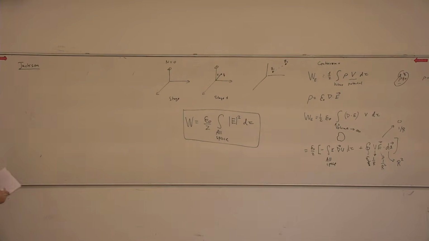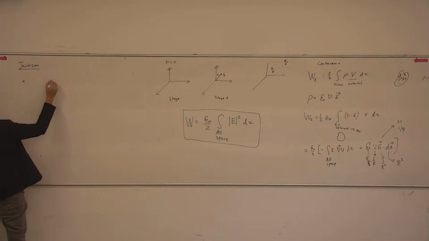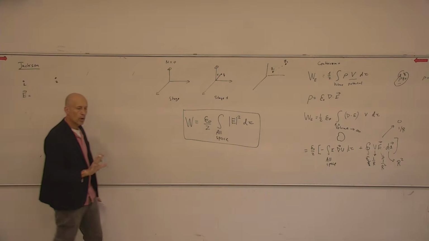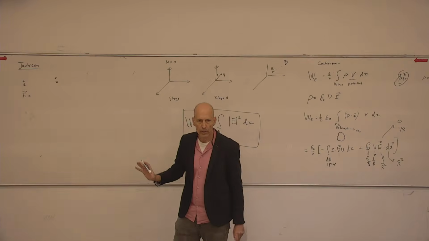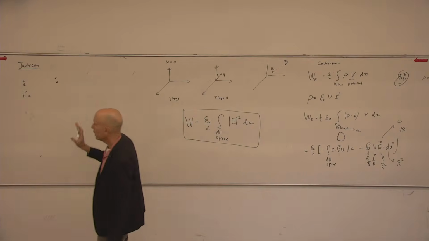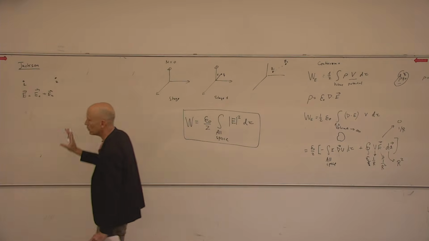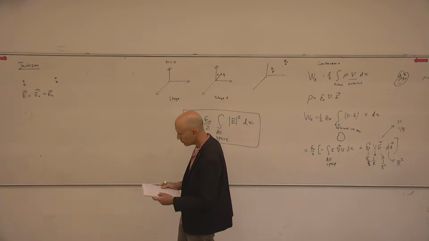So let us assume we have 2 point charges, 1 and 2. And then the total electric field, again, these create Coulomb fields. We know exactly what the fields are, so we know the field in all space, right? This creates 2 fields from the superposition principle. This is E1 and E2. And I can write it down. I'm not going to write it down because this is just Coulomb fields.